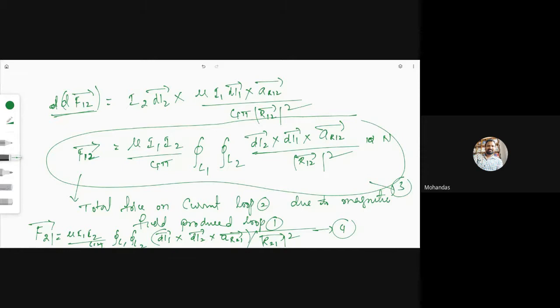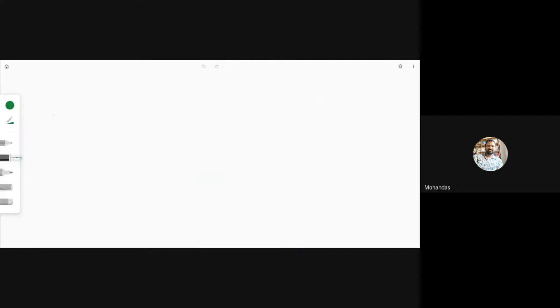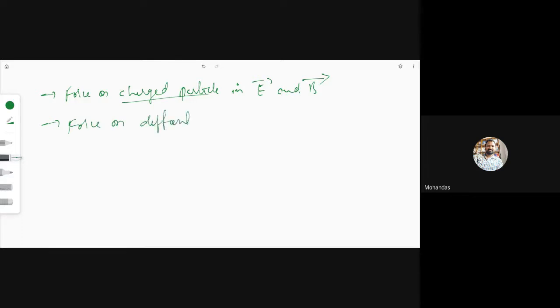So far we have discussed three forces. First is the force on a charged particle, meaning a moving charge in electric field and magnetic field. Next, force on a differential current element.